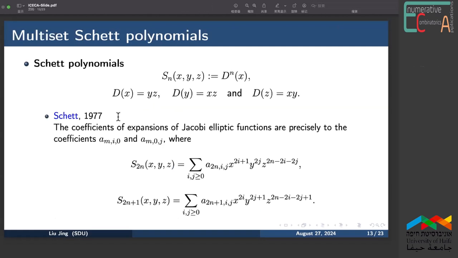Then in 1977, he defined polynomials using these three derivative operators, which later came to be called Schett polynomials. He discovered that the coefficients of Jacobi elliptic functions can be characterized by the coefficients of these polynomials.